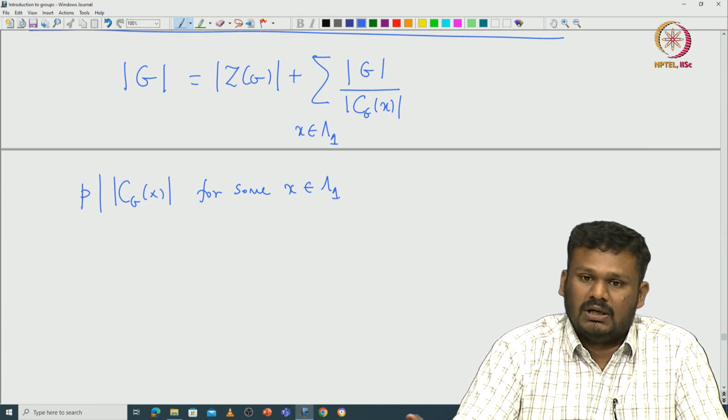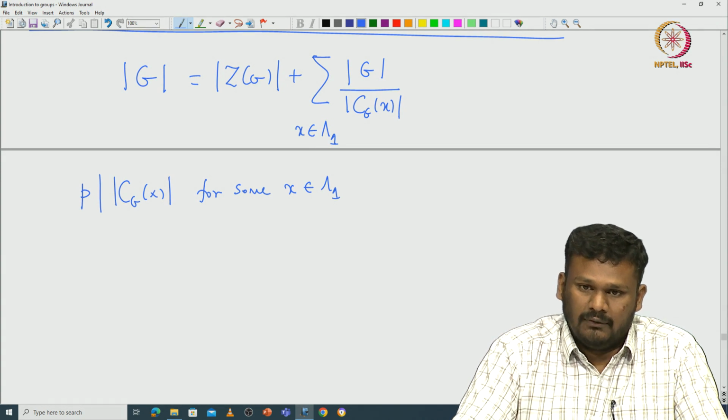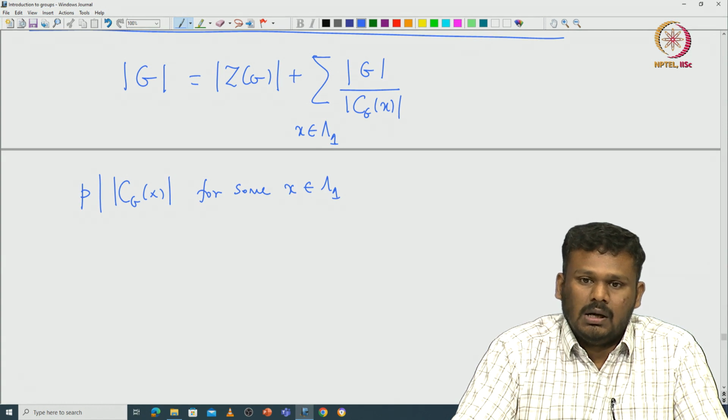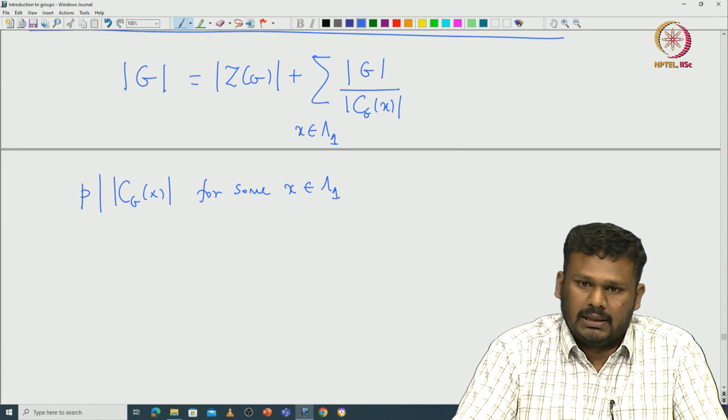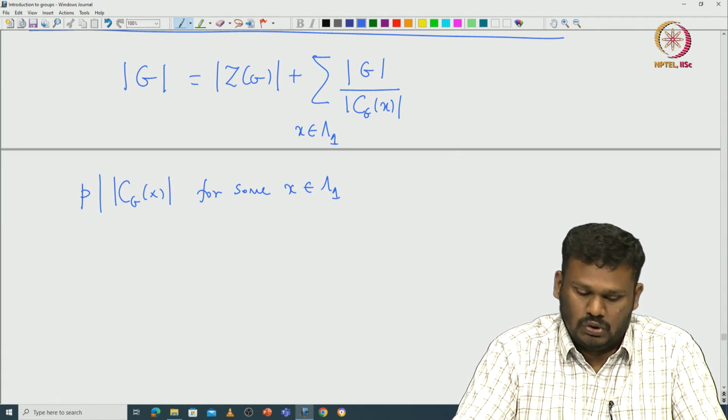So now we are just using induction to reduce the problem to finite abelian groups. By induction you can assume that all subgroups having cardinality smaller than that of G satisfy this property. That means Cauchy's theorem is true for them.